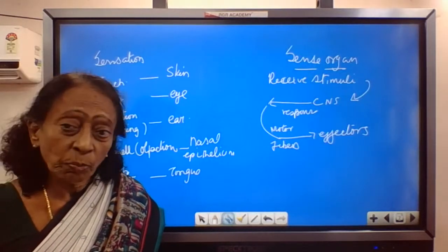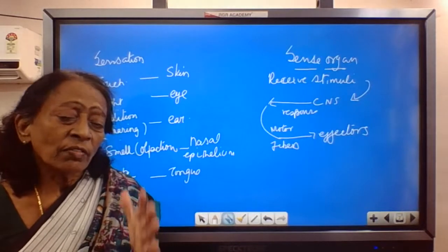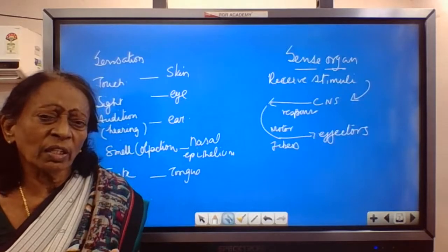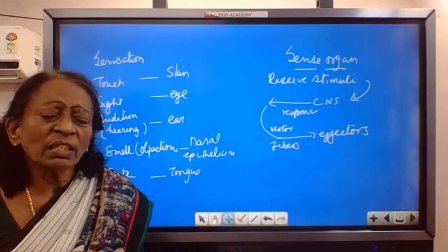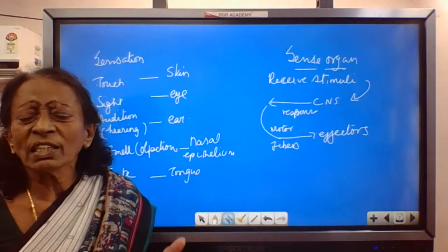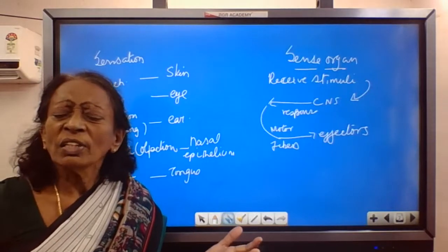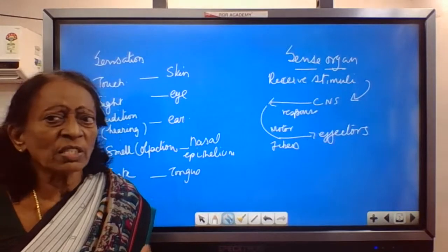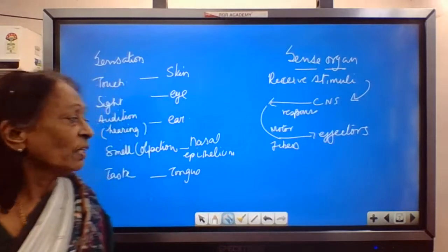The conduction of the nerve impulse from the motor end plate to the muscle, or from the synaptic knob to the particular region, is transmission by the chemical acetylcholine, adrenaline, across the cleft, and we saw this previously. If you haven't seen it, you have to go back to it if you are interested.